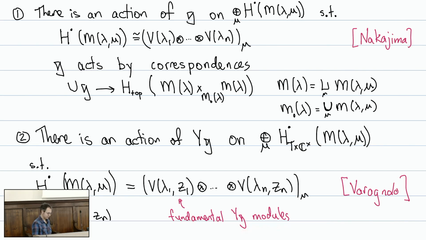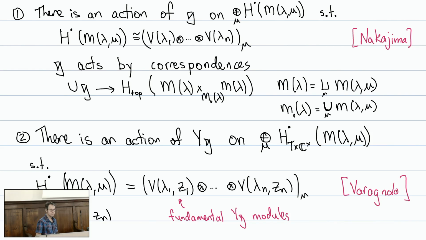Fundamental modules for a Yangian are indexed by two parameters: one is a fundamental weight of G, and the second is called the spectral parameter, which is a complex number in this case. Here as well you could turn off T, no?